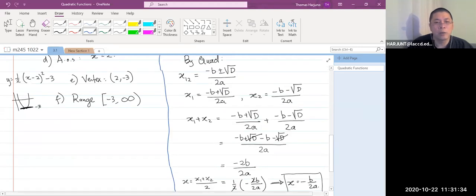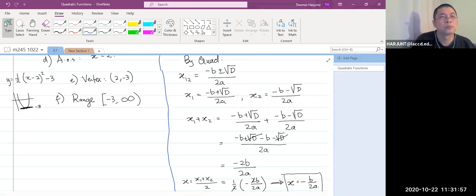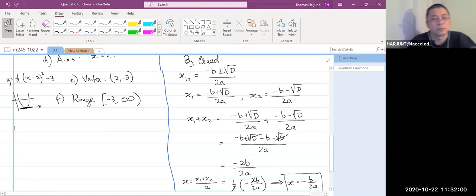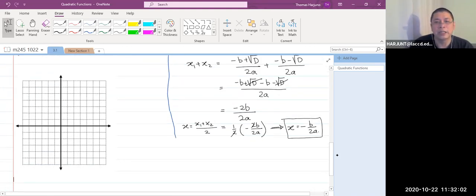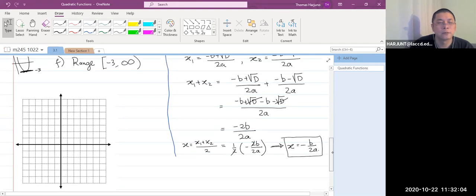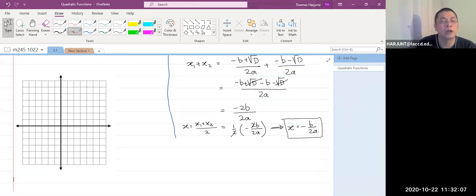Now then, how about the graph, Thomas? Let's see, give me a sec. I need to grab my graphing paper. How do I graph that in detail now?